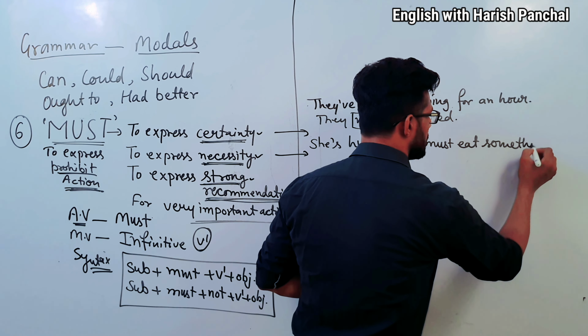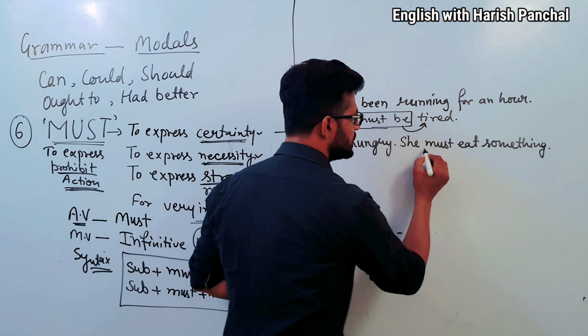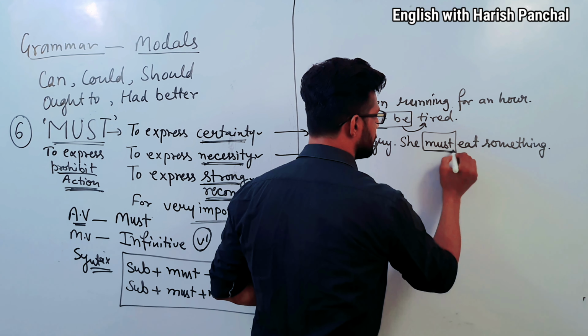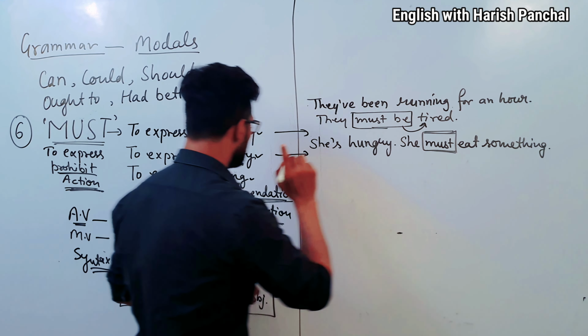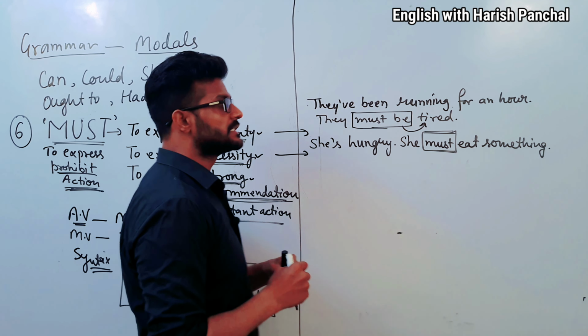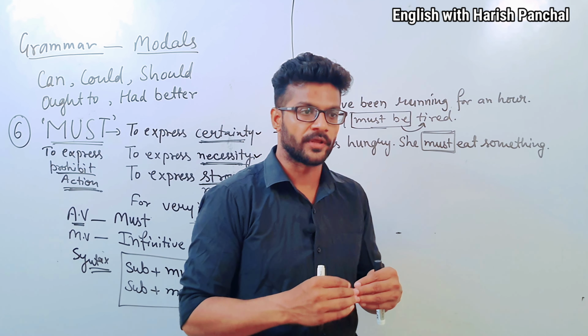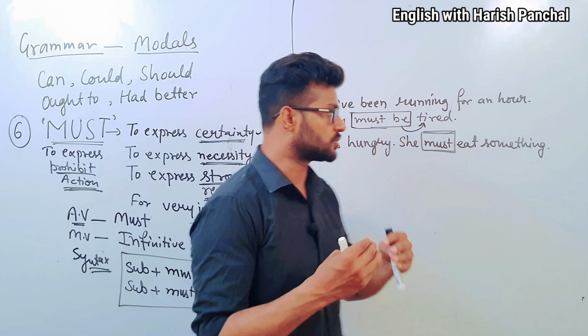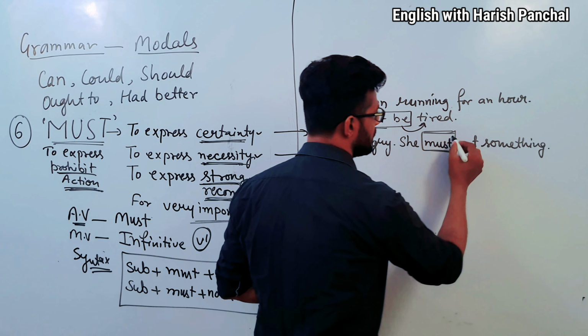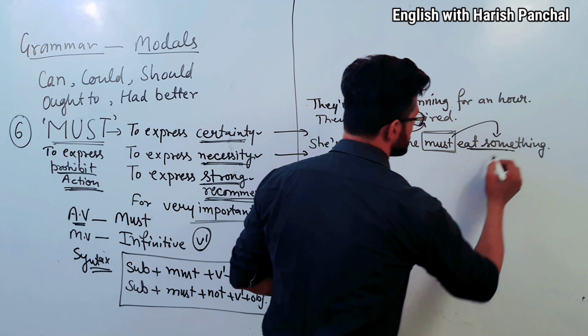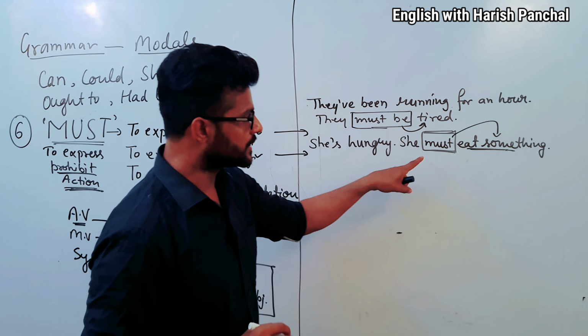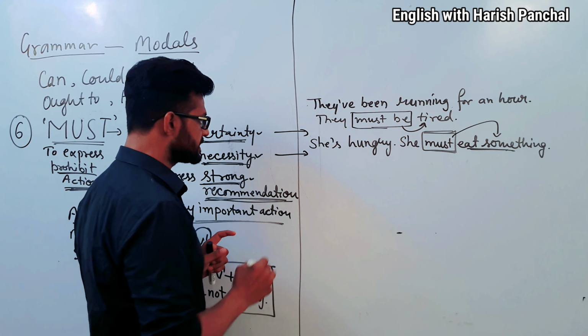Here we are using must for necessity. It is necessary because she is hungry and her body requires energy. To acquire that energy, she must eat something. So here we are using must for necessity.